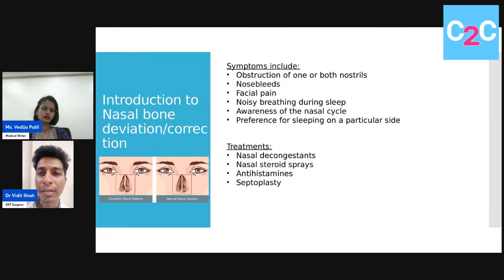And even after the treatment, if the patient has recurrence of symptoms or his symptoms don't subside, that's when we go for a CT scan to see whether the nasal bone deviation is causing a sinus issue as well, or whether the nasal bone behind or posterior aspect of the nose, which we cannot see, because if you're having an anterior deviation which is going posteriorly as well, you cannot see that, which can only be seen on the CT scan or by doing a nasal endoscopy.